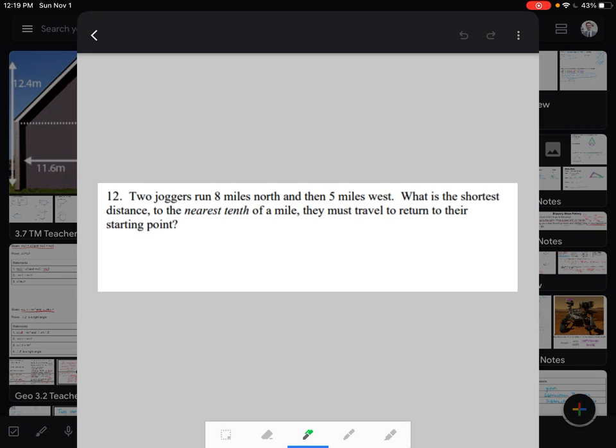So let's try one more application here. If we don't solve this one, we'll just get it set up. Some word problems. So two joggers run 8 miles north, so they go up like this, and then they go exactly 5 miles west. So if they take that sharp turn going west, they should look something like this. And then the shortest distance to get to their starting point, well, we basically just connect the dots.